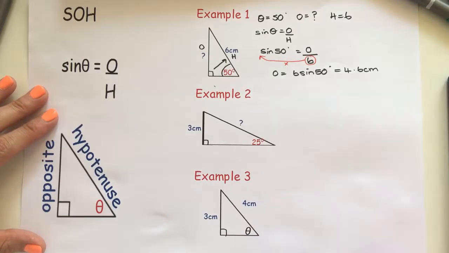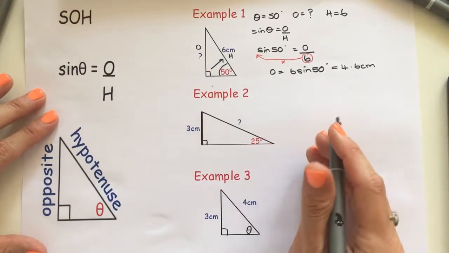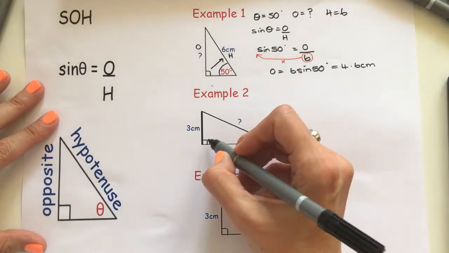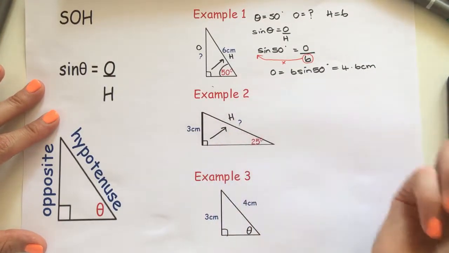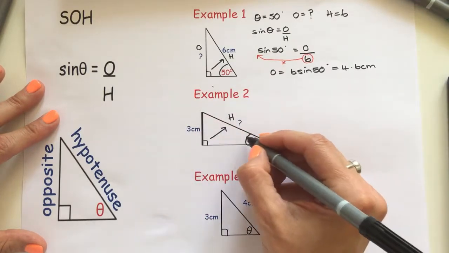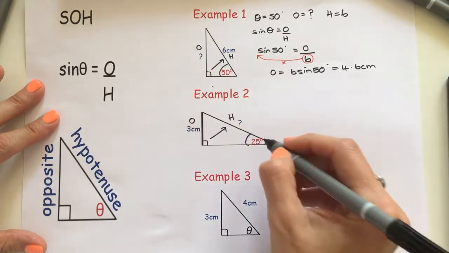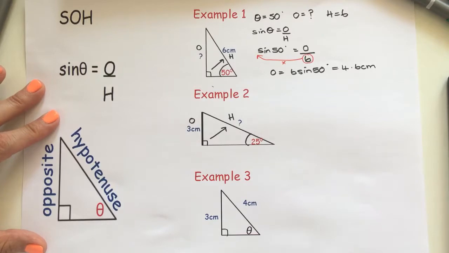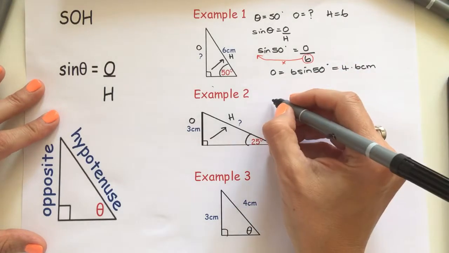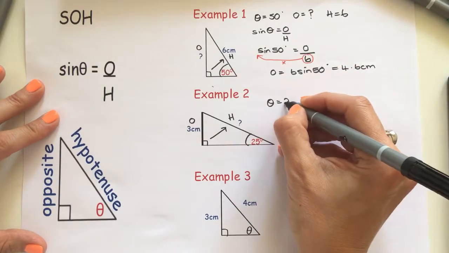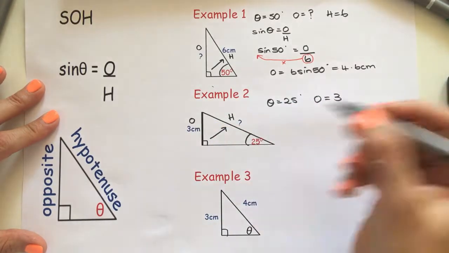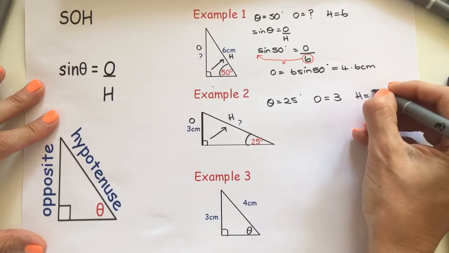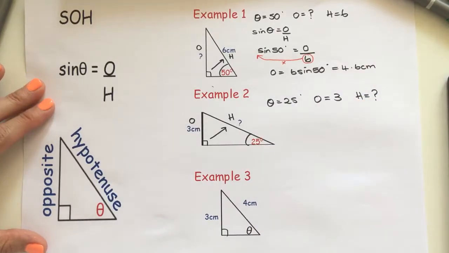Second example. Again, start by labelling the triangle. Opposite the right angle is H. Opposite the angle is O. And then we have the angle theta, which is 25. So write out what we have: theta equals 25 degrees, O equals 3, and H is the thing that we don't know.